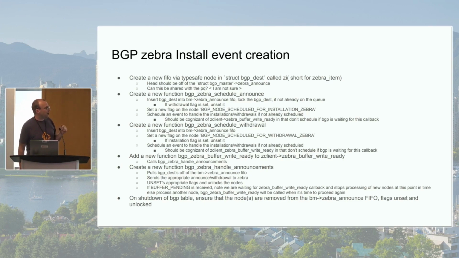The upshot is that if I have the same node, I won't have it on that list multiple times. I can just leave it in that same spot. And when I finally get around to writing it, I'll write the last bit of data down to Zebra instead of the multiple ups and downs.